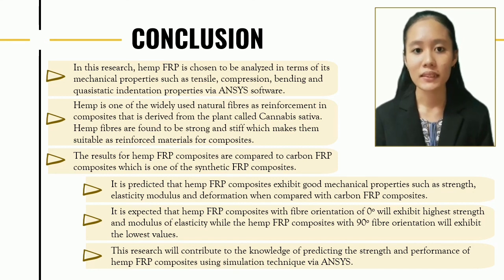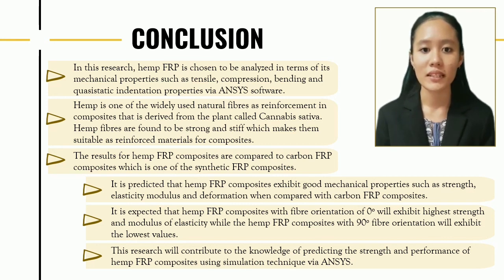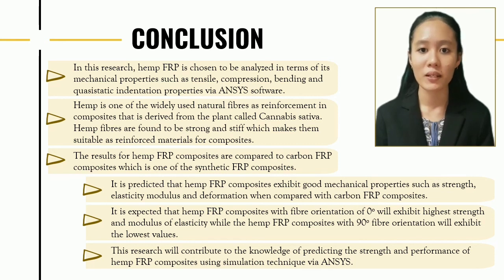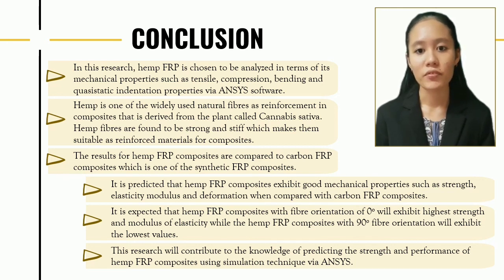It is expected that Hemp FRP composites with fiber orientation of 0 degree will exhibit higher strength and modulus of elasticity, while the Hemp FRP composites with 90 degree fiber orientation will exhibit the lowest value. This research will contribute to the knowledge of predicting the strength and performance of Hemp FRP composites using simulation technique via Ansys software.